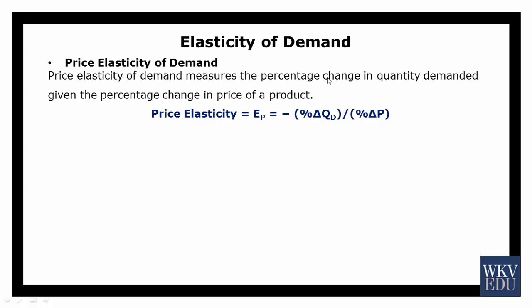We clearly know that the relationship between marginal revenue and price elasticity can be expressed by marginal revenue equals price divided by 1 minus 1 by price elasticity of demand. I repeat, MR equals price divided by 1 minus 1 by price elasticity of demand.